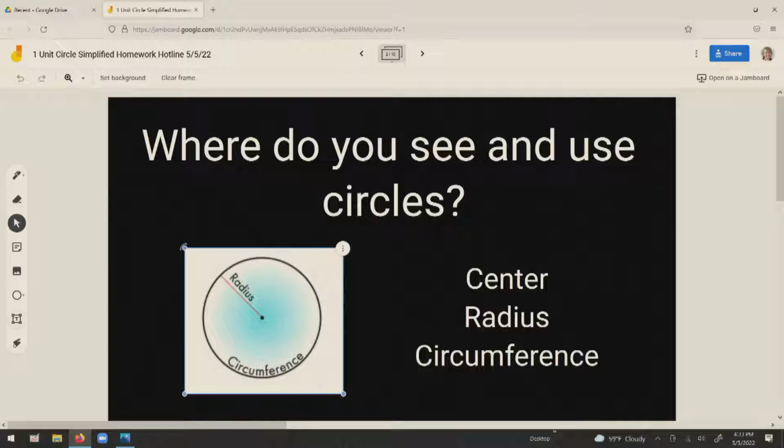A spoke is just that, from the center to the outside of the wheel, and helps hold the wheel out so it doesn't collapse. How about the distance around the outside of the circle? That's a special word. Circumference. The circumference.